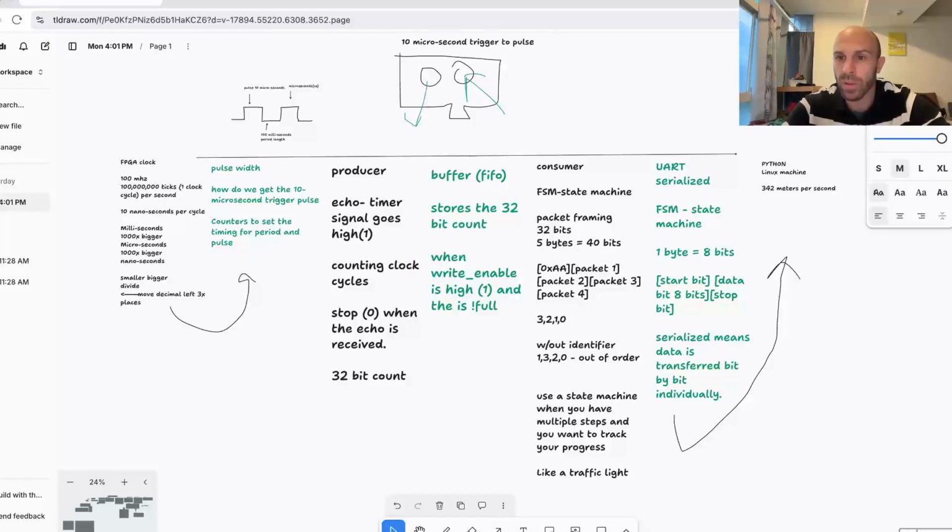So convert to centimeters. And we use the megahertz, so you divide by the megahertz, which is 100 million hertz per second.